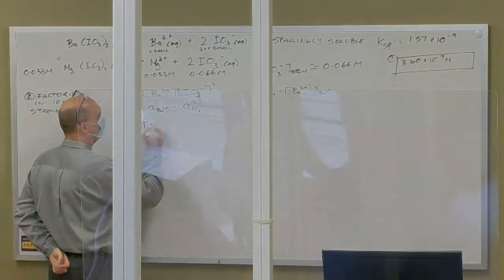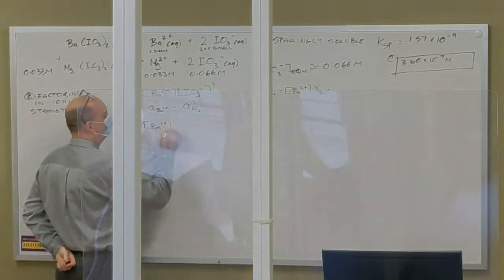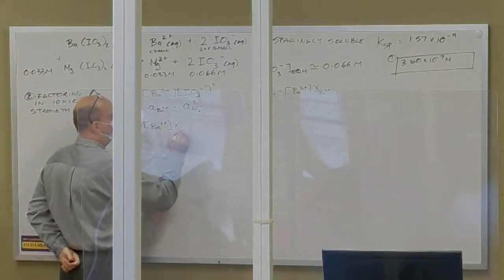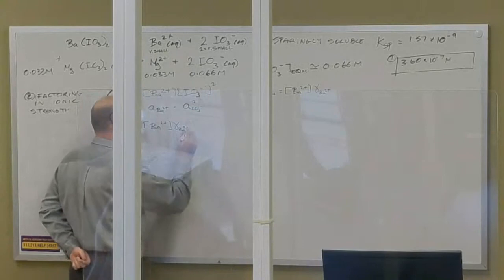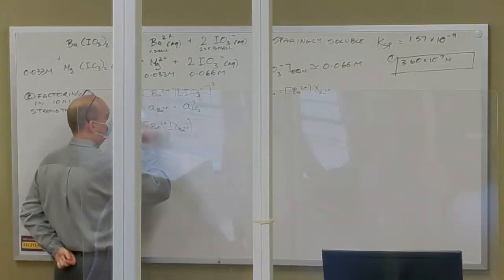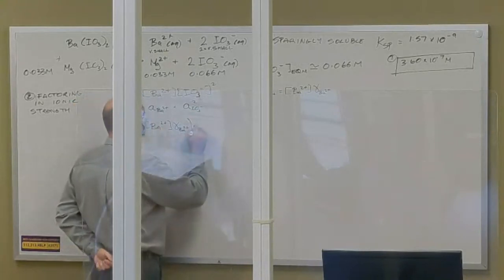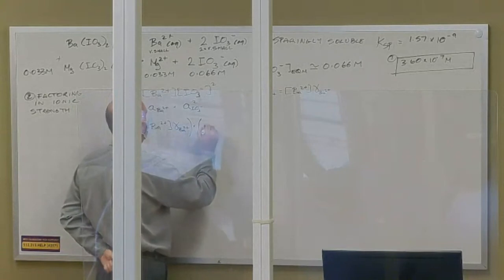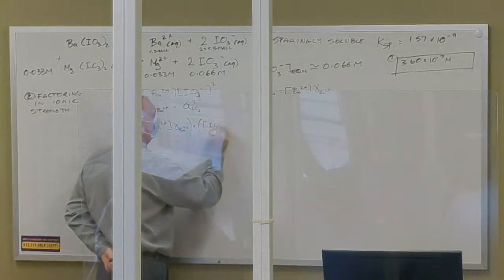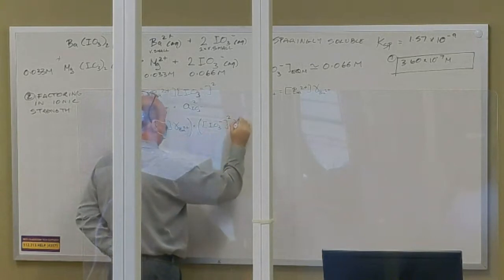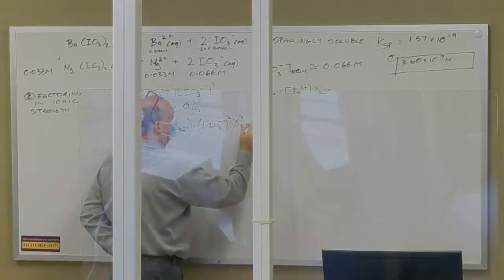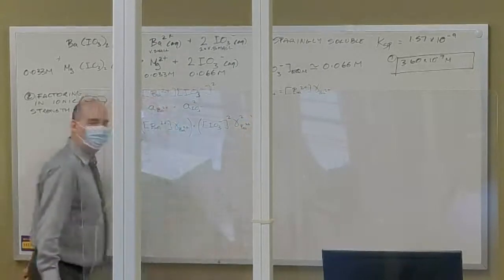So KSP gets to be the concentration of barium 2 plus times the activity coefficient of barium 2 plus, all multiplied, times the concentration of iodate squared times its activity coefficient.